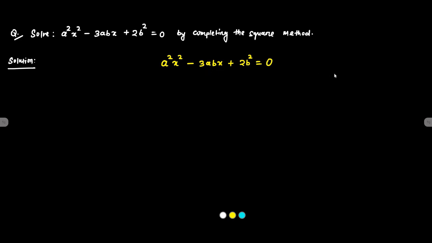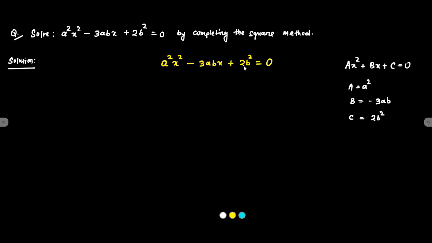If we compare it with the standard equation, let's say ax square plus bx plus c is equal to 0, here a is equal to a square, b is equal to minus 3ab and c is equal to 2b square.